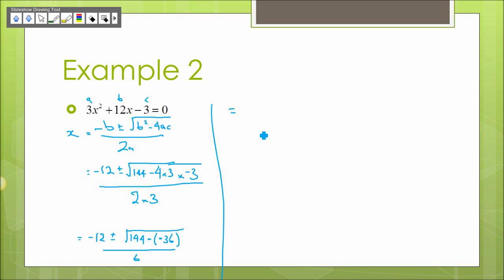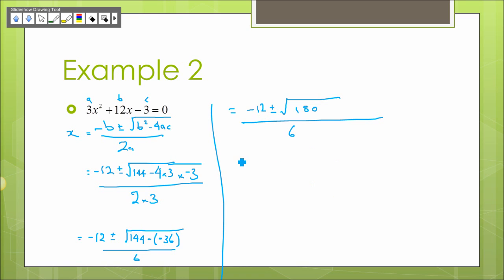Okay, and that equals minus 12 plus or minus the square root of 144 plus 36, which gives us 180, over 6. So grabbing your calculators now, the square root of 180 gives us a decimal, so we're not going to write that in just yet.